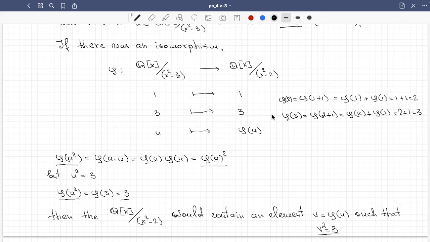So I tried to explain why this observation, that a polynomial has a root here but does not have a root here, implies that the two fields are not isomorphic. I tried to spell out why that implies the non-existence of an isomorphism.